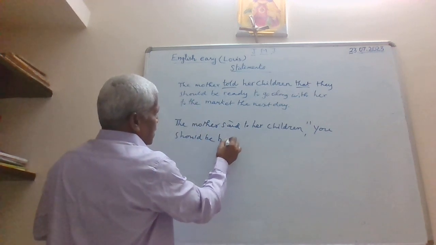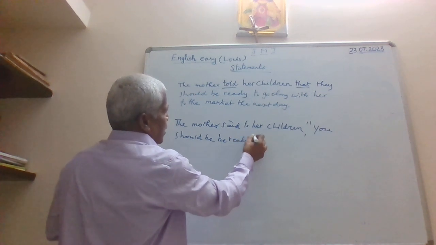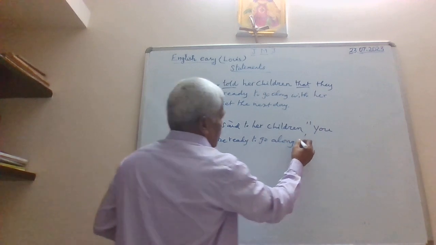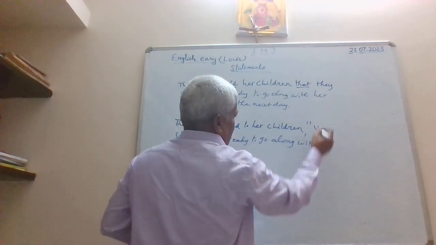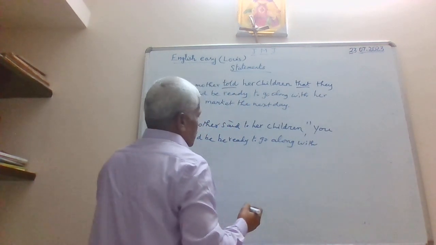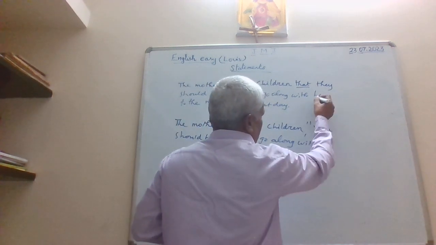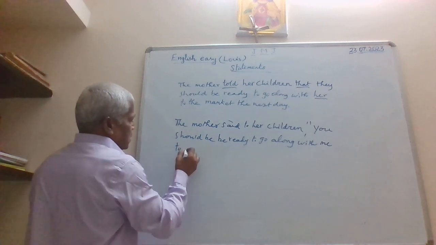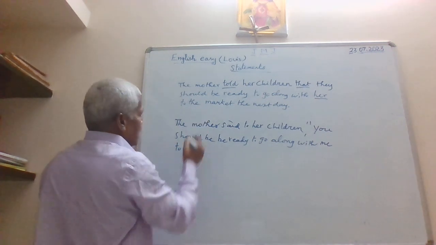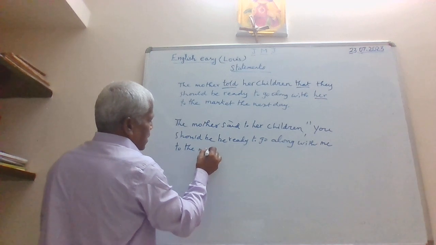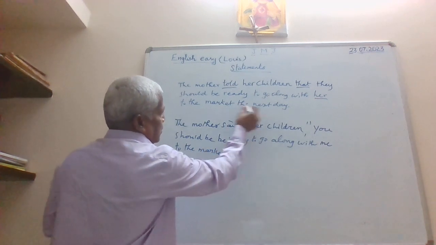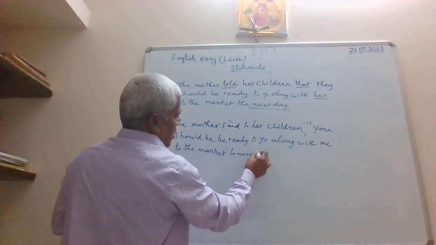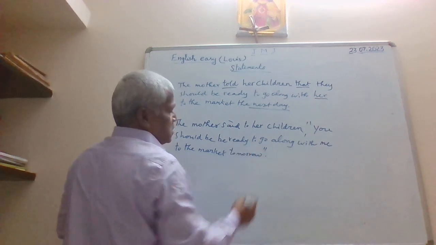You should be ready to go along with her. Already with her is there. You should go along with me. Her becomes me here. You should go along with me to the market. The next day becomes tomorrow. Close inverted commas and full stop.